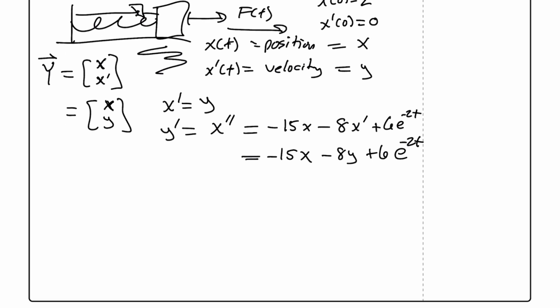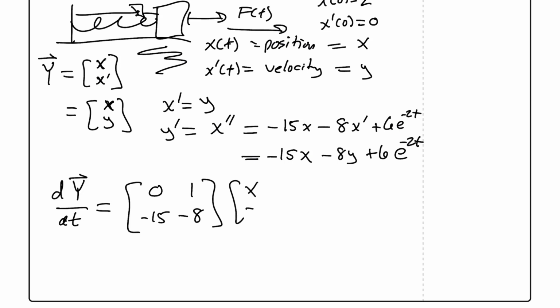So now I can write the differential equation as a vector differential equation, d capital Y dt, and I can write it as a matrix, 0, 1, negative 15, negative 8, multiplied by x, y here, because here's x, y times 0, 1, that gives you y, x prime equals y, that's in the top row.